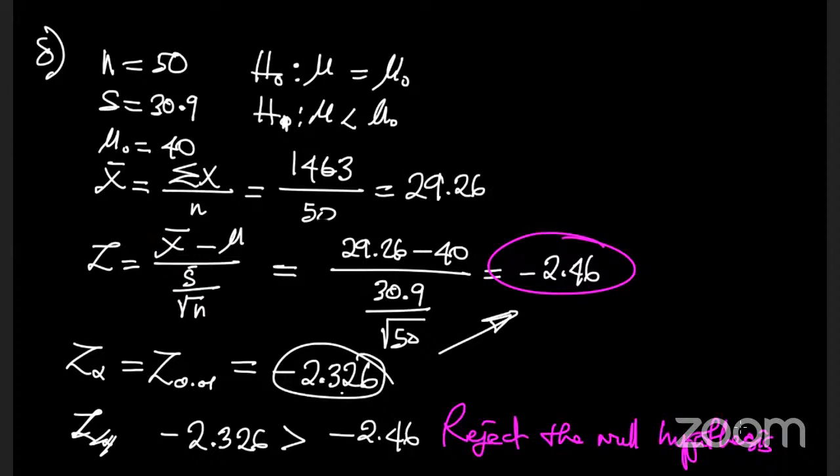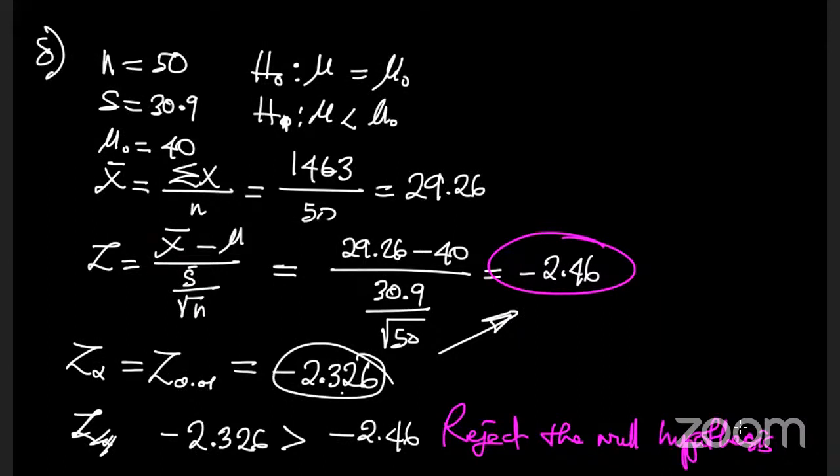So what this simply means, remember that we were told that the store manager hypothesizes that the average number of pages a person copies on the store's copy machine is less than 40.